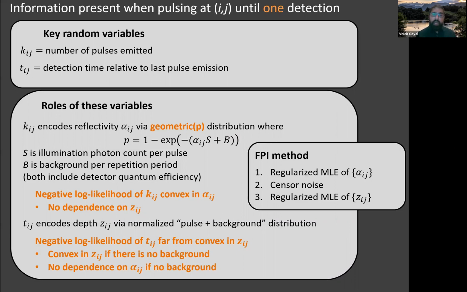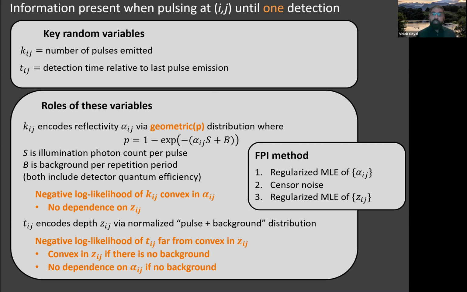The image formation method that we developed follows a three-step procedure. First, compute a regularized maximum likelihood estimate of alpha, exploiting the convexity here and adding a convex regularizer. Then, because we want to be able to make believe that there's no contribution from background, we do our best at censoring noise detections. Finally, we compute a regularized maximum likelihood estimate of Z using the negative log likelihood ignoring the background.